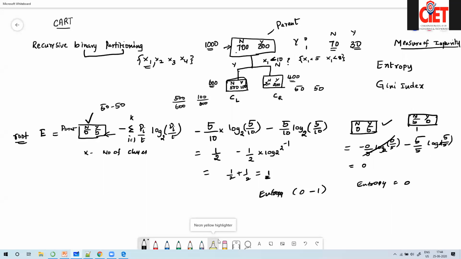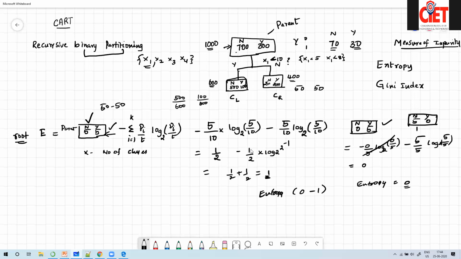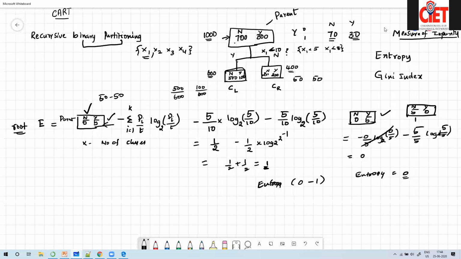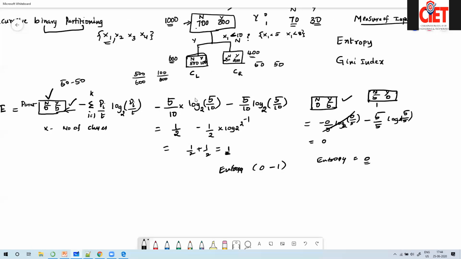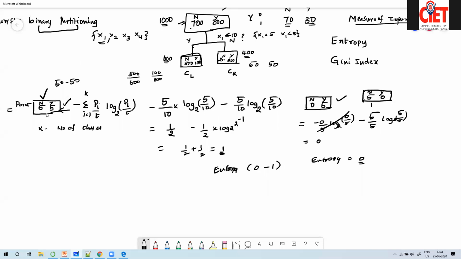If entropy is 0, that means the node is a pure node. If entropy is 1, the node is an impure node. That is why entropy is called a measure of impurity. Here we are using entropy to find out the purity of this node. At the parent node, entropy is 1. If this is the node, the entropy at the node is 0.